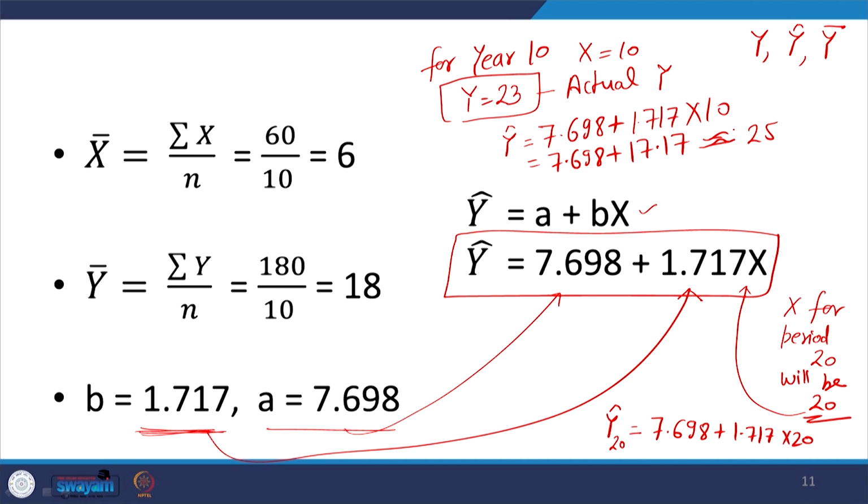So, you see actual value of y is 23, but the estimated value of y is coming 25 using this regression equation. The estimated value of x equals to 10 is 25, but the actual value is 23 only.